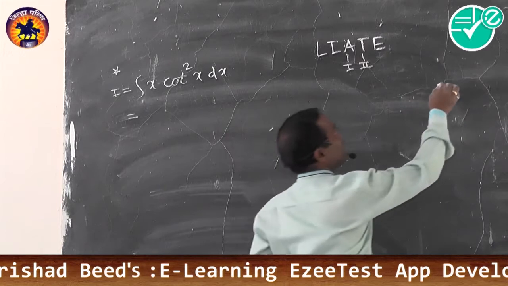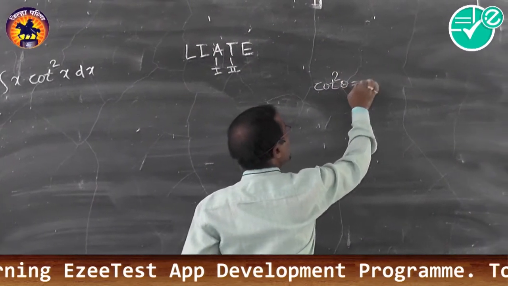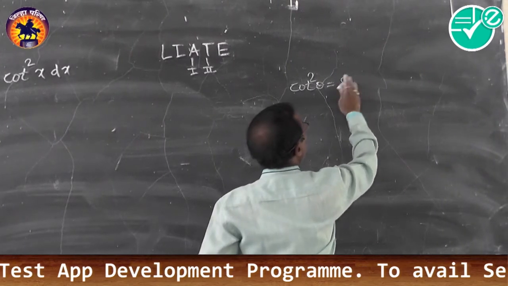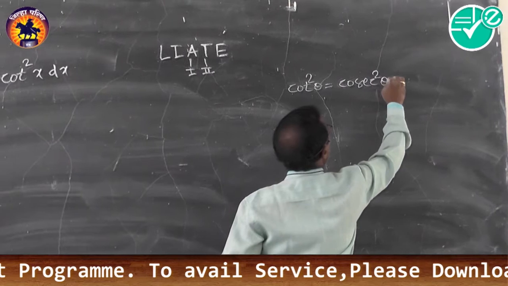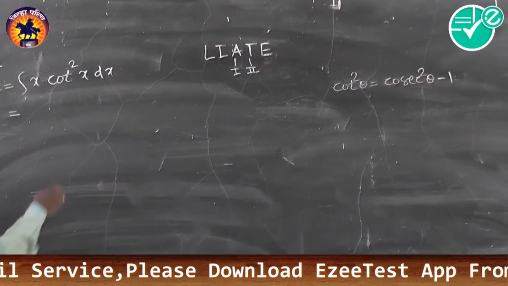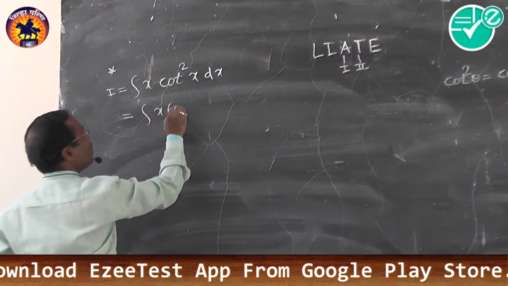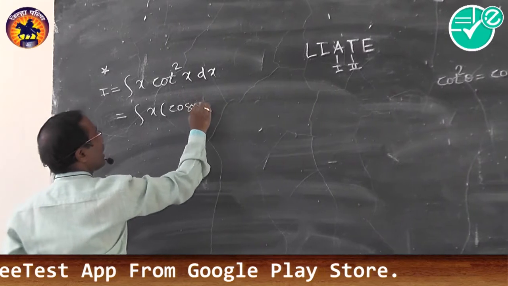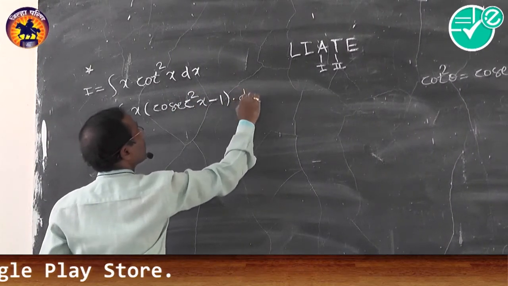Then we apply this formula: cot square theta is equal to cosec square theta minus 1. By using this fundamental identity, we can reduce this function. Integral of x into cosec square x minus 1 dx.